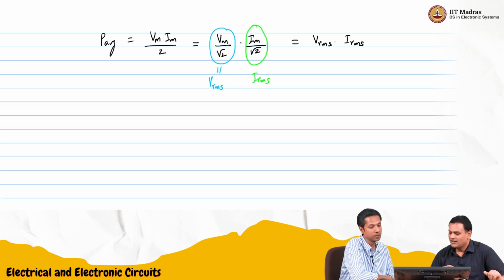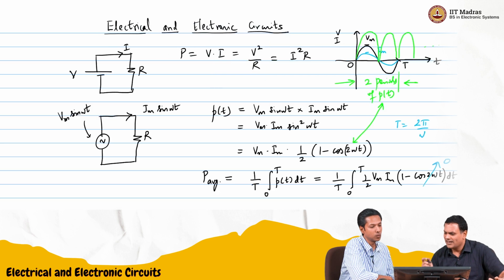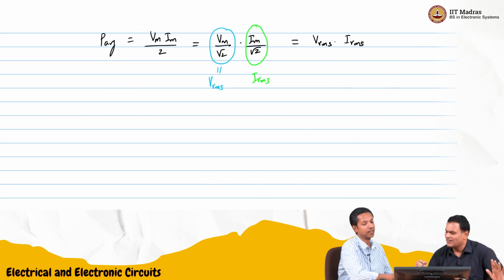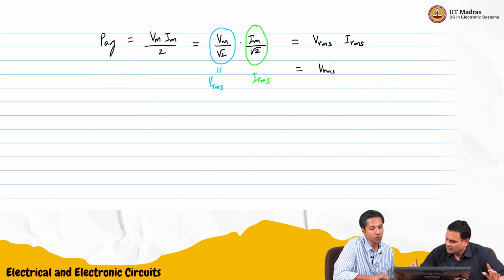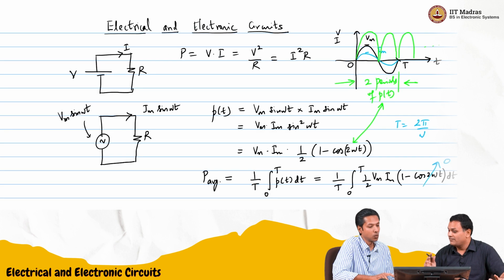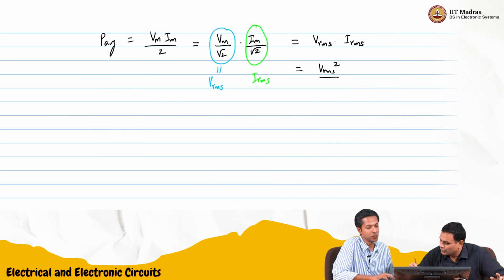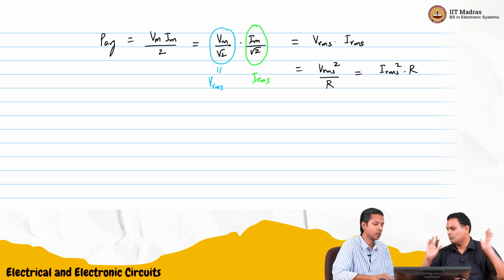And the expressions we had written, V squared by R and I squared R, will all be valid. By Ohm's law, VRMS squared by R is also equal to IRMS squared times R. So both of these are valid.